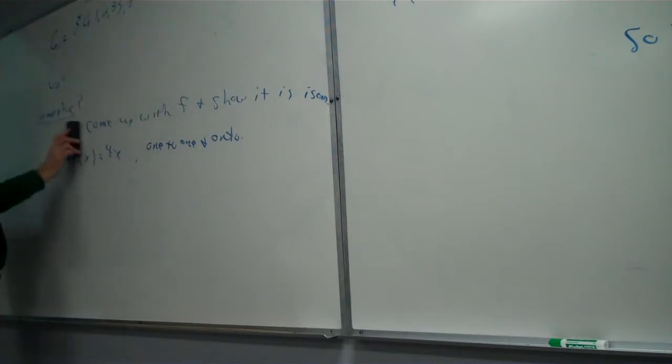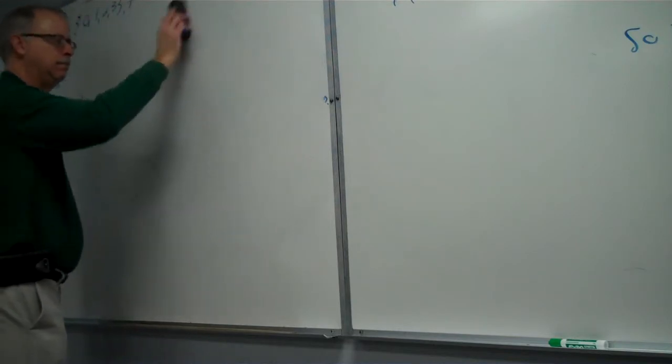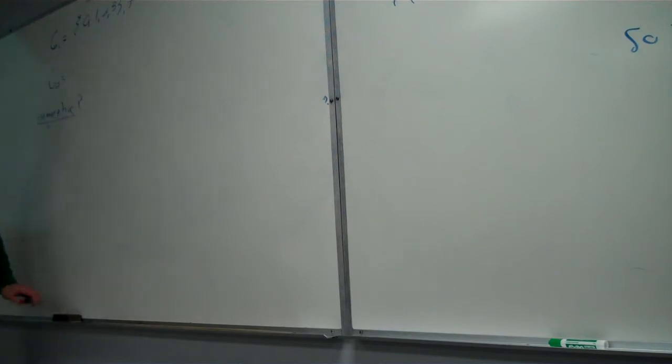Let's think of a different group. Last time I gave an example that had 4 elements. We were doing multiplication in Z something. I didn't write down what that example was. Anybody find that in your notes?